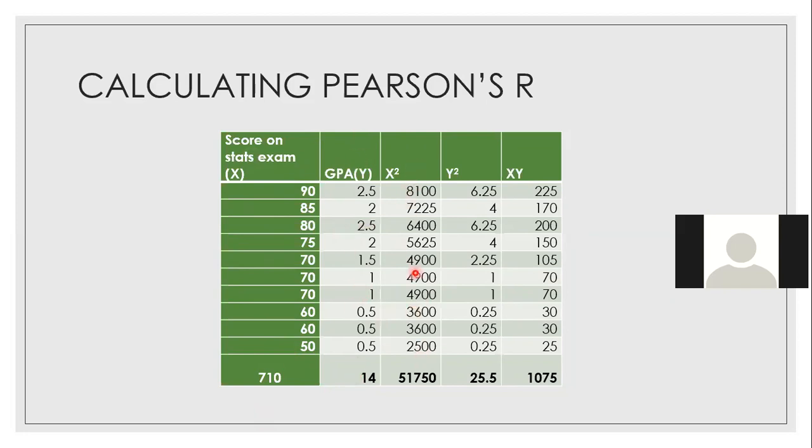Your formula requires the sum of X squared, so you have to square all the individual X's in this column. It also requires the sum of Y squared, so you square all the individual Y values in this column. And then it requires the sum of XY, so you multiply the X's by the Y's, X times Y, and total up that column.